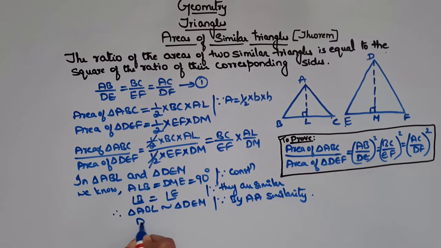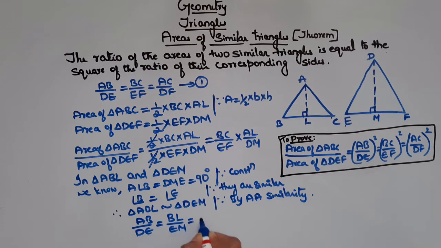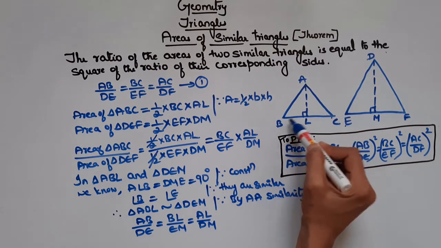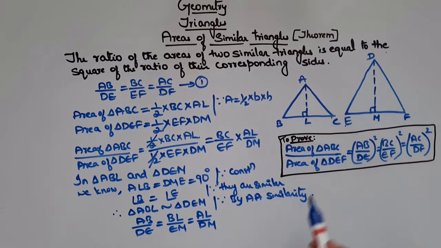So we can say AB by DE is equal to BL by EM, which is equal to AL by DM, right? Corresponding sides of triangle ABL and DEM.